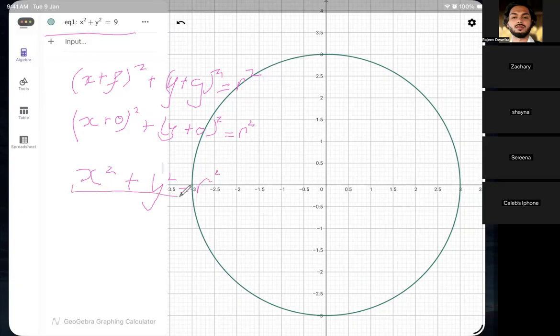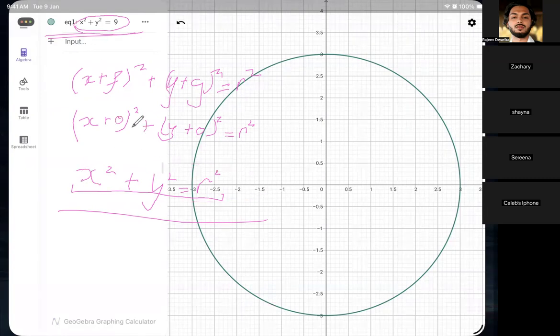Question. This is what form, general or standard? It's actually standard form. Does this and this look the same? Do they look similar? Zachary, Serena, Caleb, does this look similar to this?